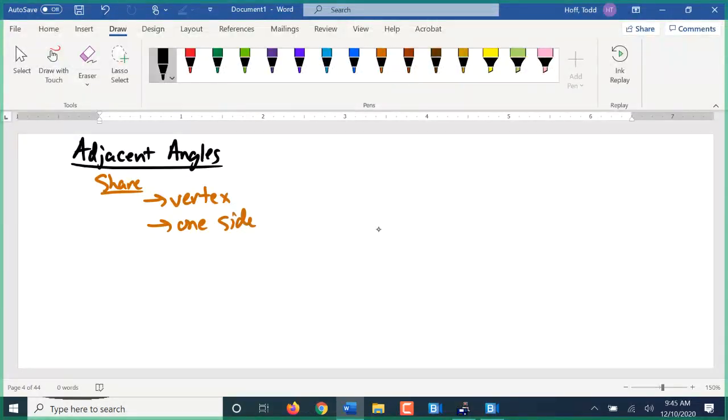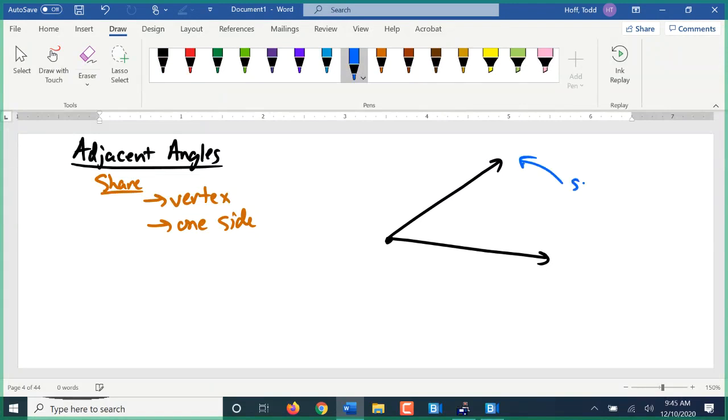So let's create an angle here. So there's the two sides of my angle. The rays are the sides of the angle. This point here, that common starting point, is called a vertex.